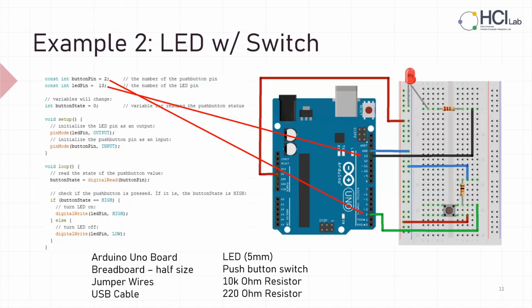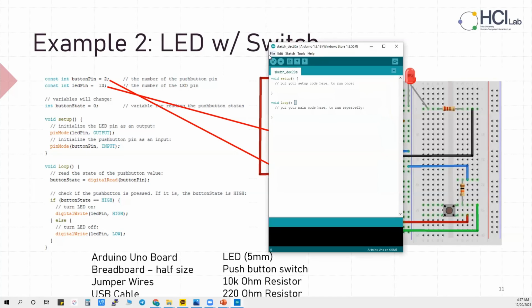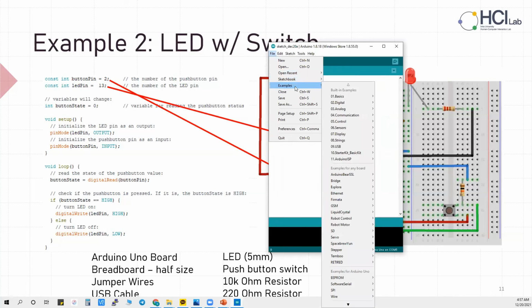So let's see our demo example. Before that, let me open our sketch. Inside Examples, we can see Digital and Button. The name of the sketch is Button.